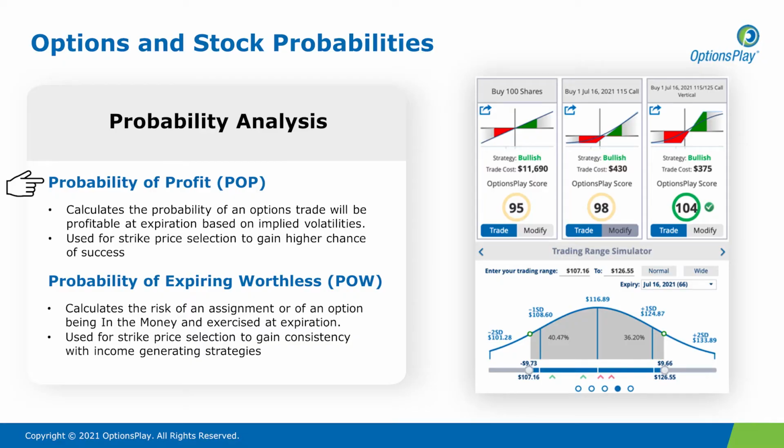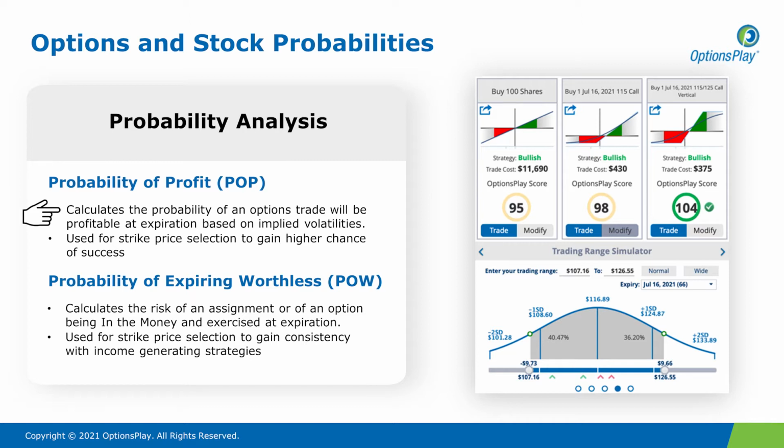And then when we think about probabilities, there are really two probabilities that, as an options investor, you want to think about: probability of profit and probability of expiring worthless. When we think about probability of profit, this is really looking at what is the potential price that the stock will likely trade at in the future. We usually calculate this off of the implied volatility of an option.